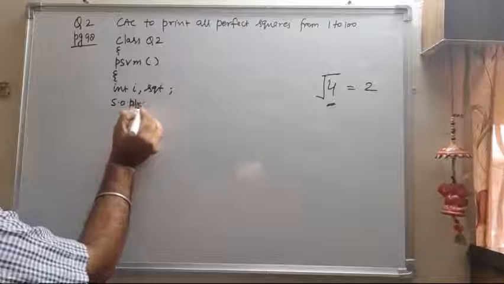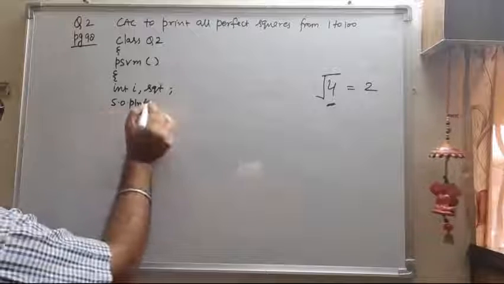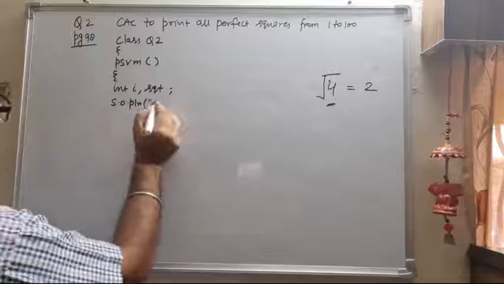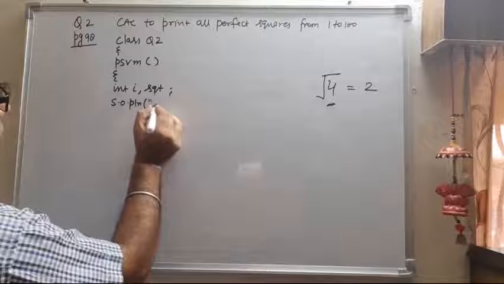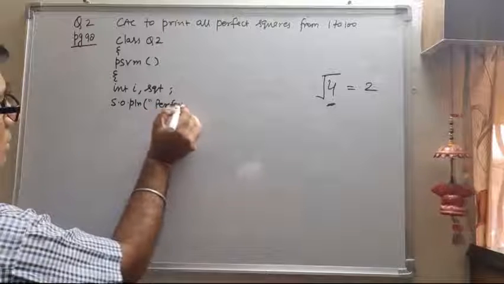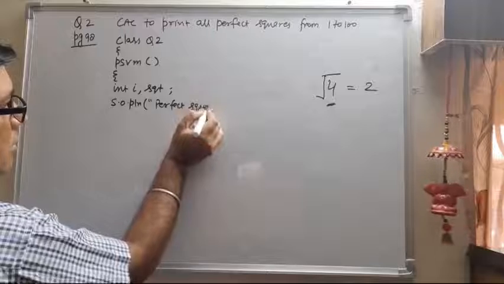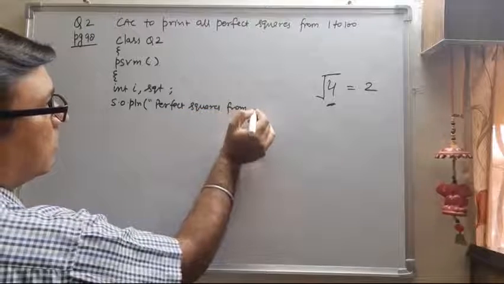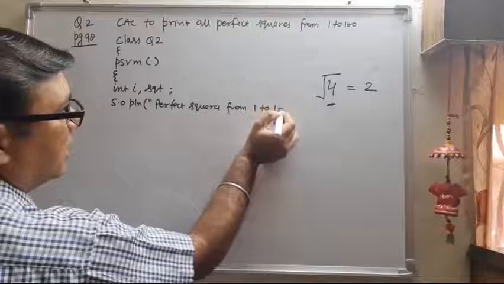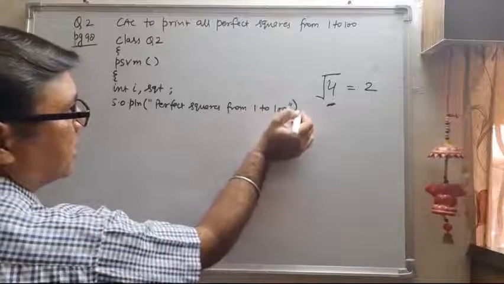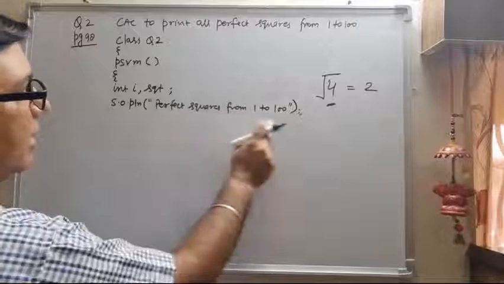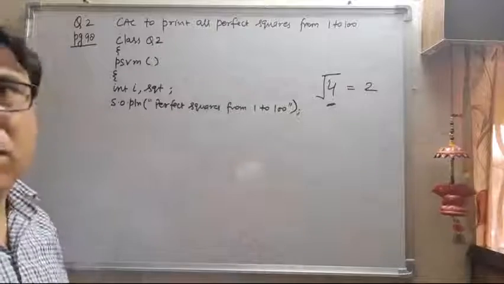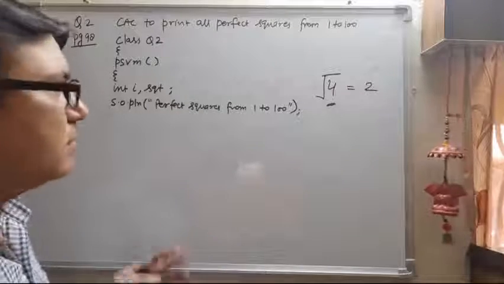This is the heading in the output: Perfect squares from 1 to 100. This is not compulsory, but we are printing the heading so as to show the output nicely.